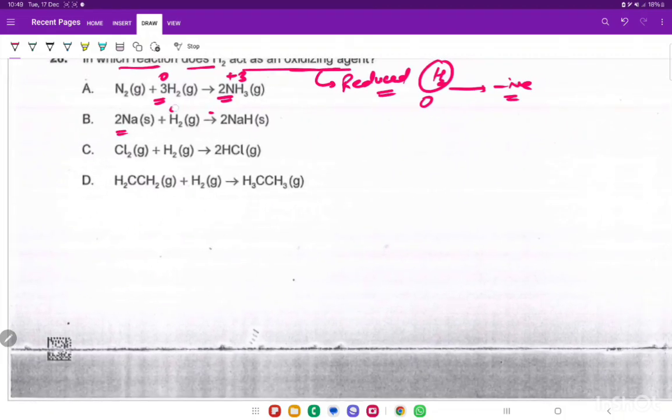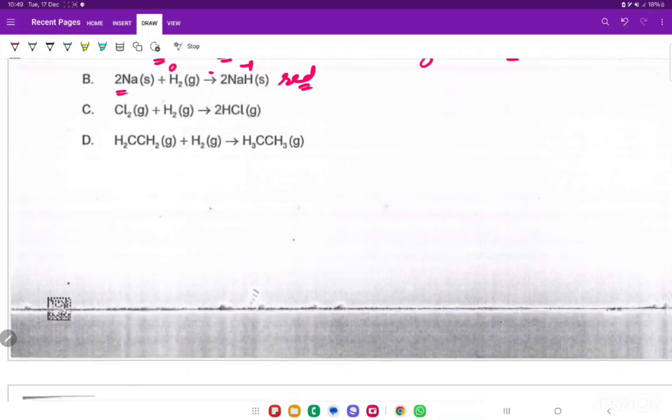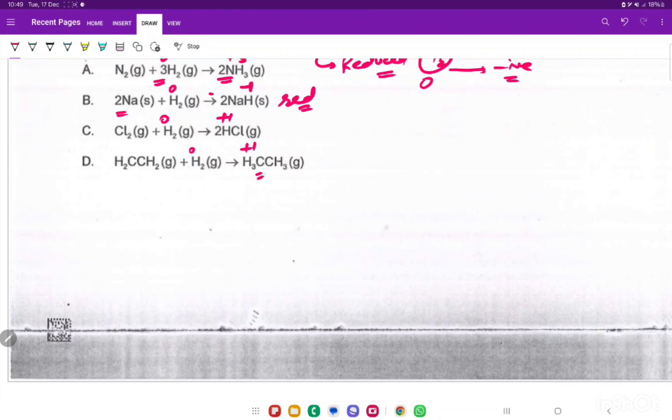Na plus H2, again 0 converts into minus 1. In this case, the oxidation state of hydrogen is changing from 0 to minus 1. We can say reduction is happening here. Hence, hydrogen is acting as an oxidizing agent here. Next, Cl2 plus H2, hydrogen from 0 to plus 1.